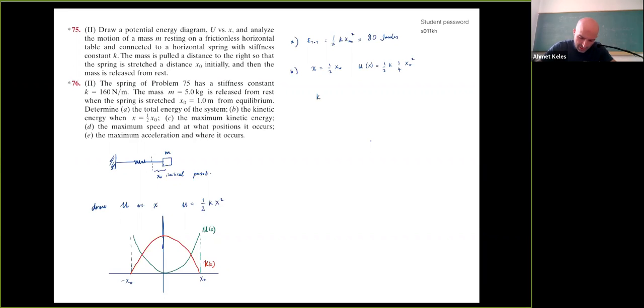Then kinetic energy is equal to E total minus U of x, which is 1/2 k x max squared minus 1/2 k times 1/4 x naught squared, and this is equal to 3/4 times 1/2 k x max squared. But I know what 1/2 k x max squared is, so I'll just multiply this number by 3/4, so 60 joules.